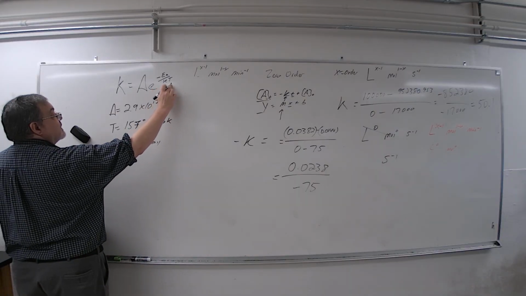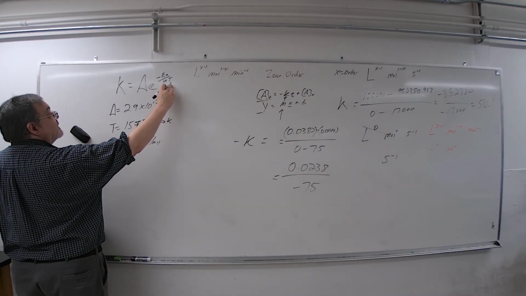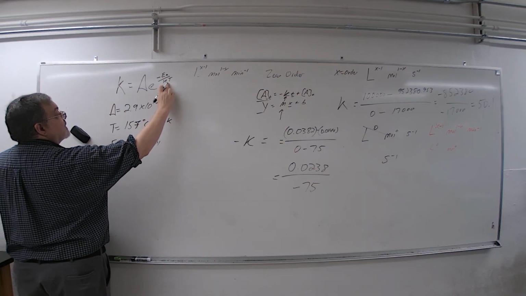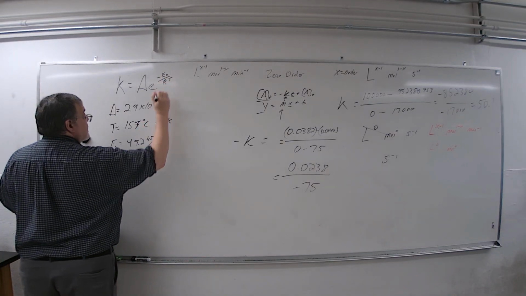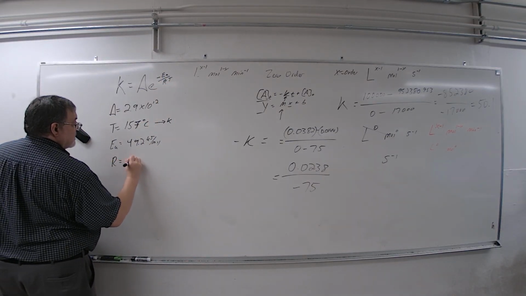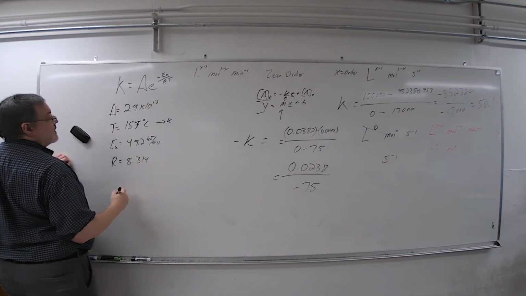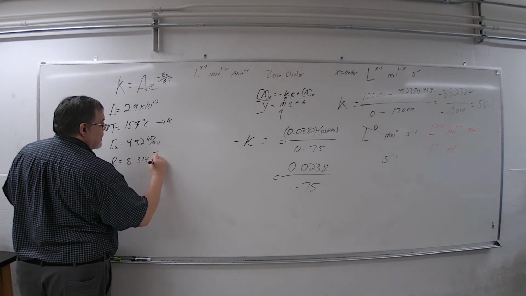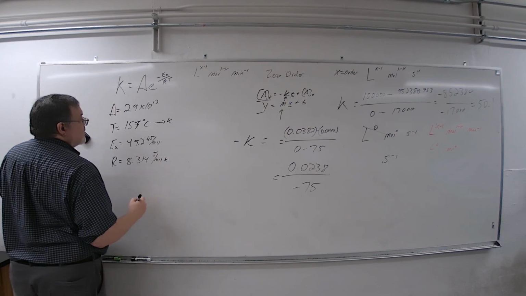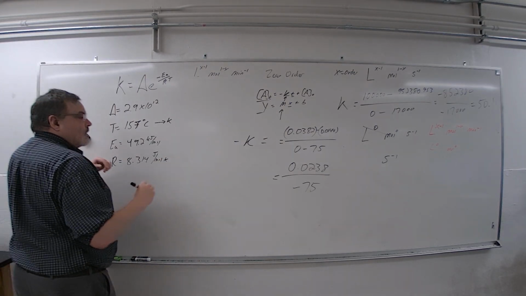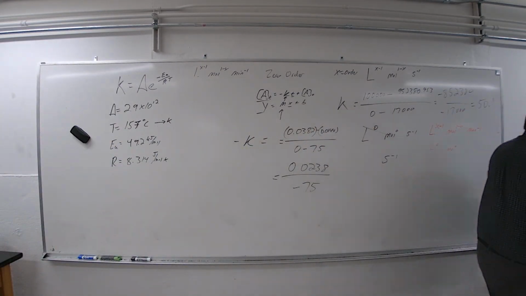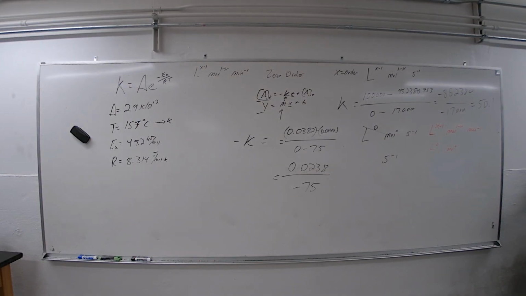T. We're finding, this is RT. 2.9 times 10 to 12. 8 equals 2. Okay, I think I've got this right.